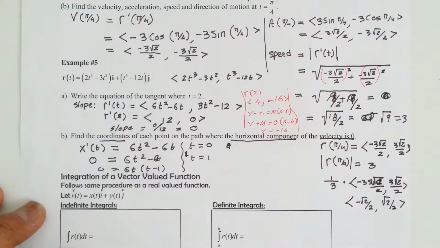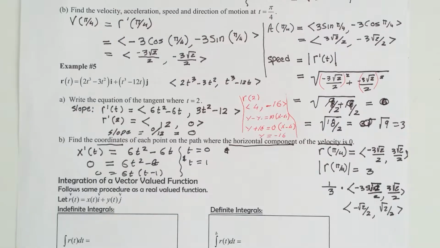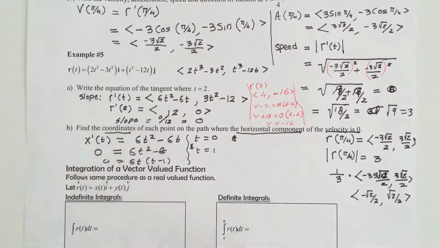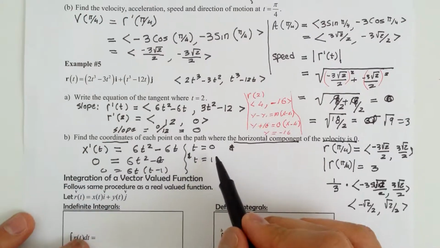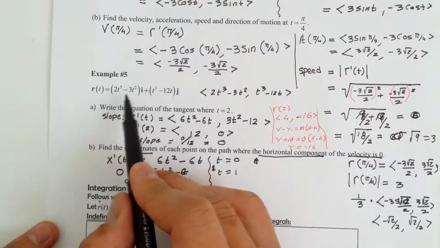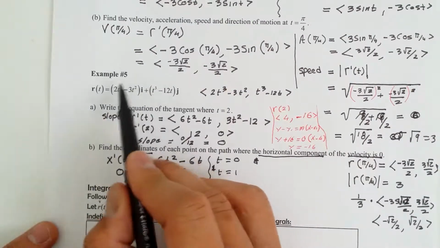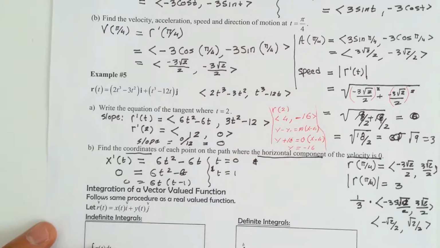Now the question is find the coordinates, not the time. That's not what they want us to find. They want us to find the coordinates. So once we have found the time, we plug these into the original position to find the coordinates.